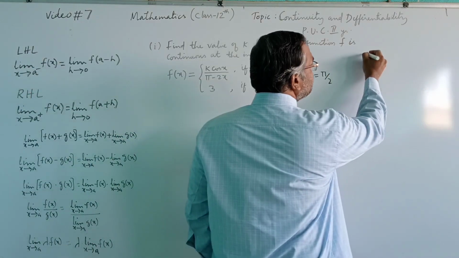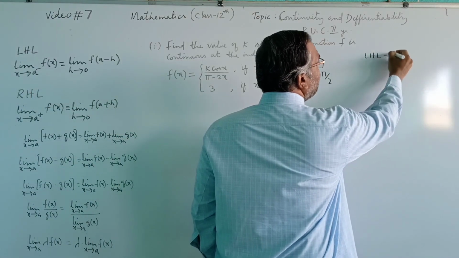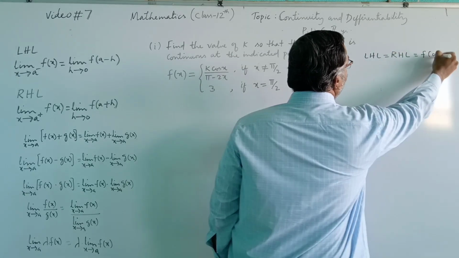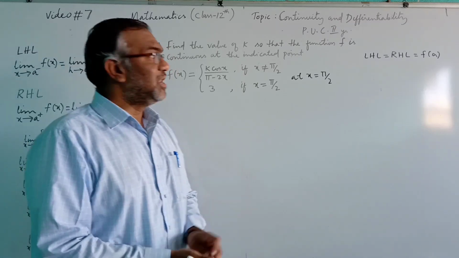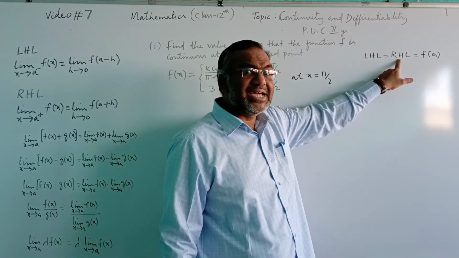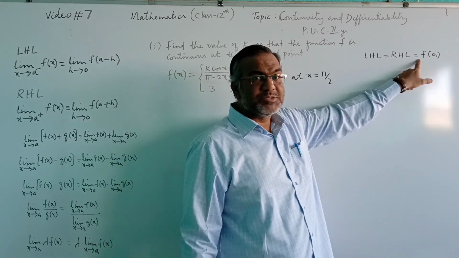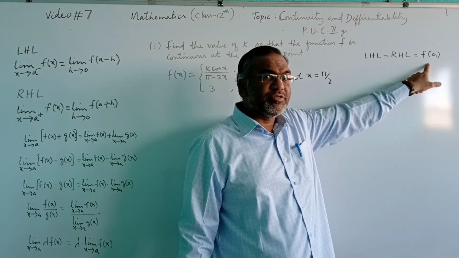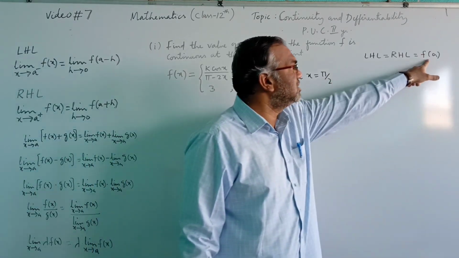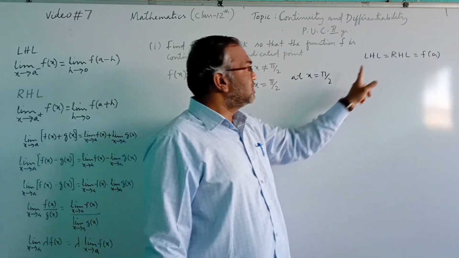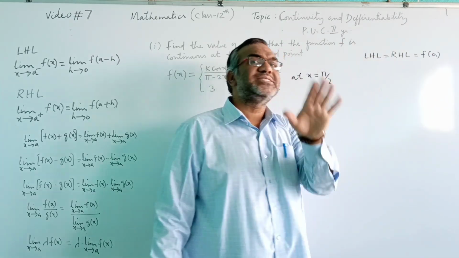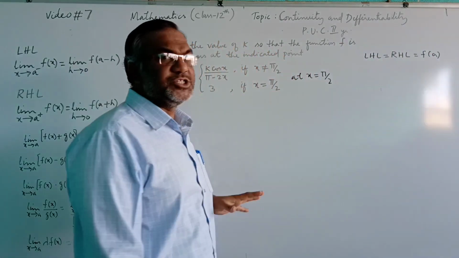Left hand limit must be equal to right hand limit, and that must be equal to f of the given point. Here a is pi by 2. So if this condition is satisfied, then we can say that the function is continuous.